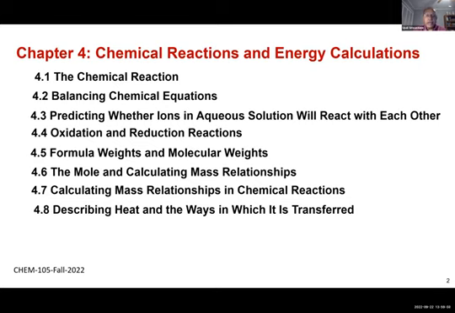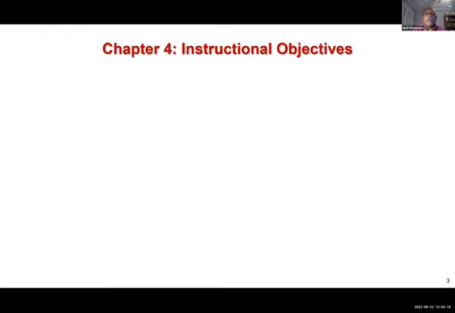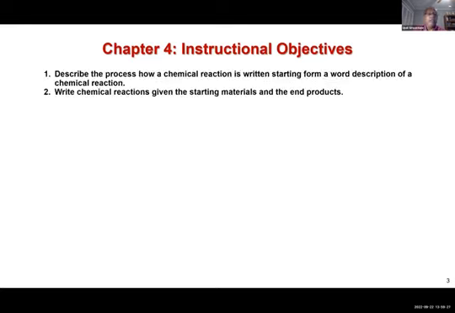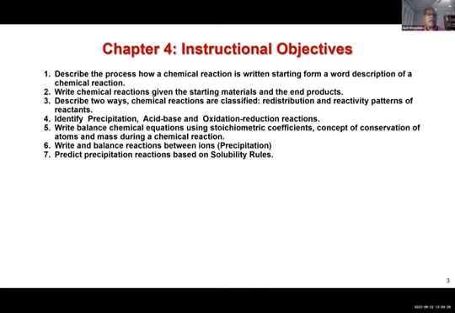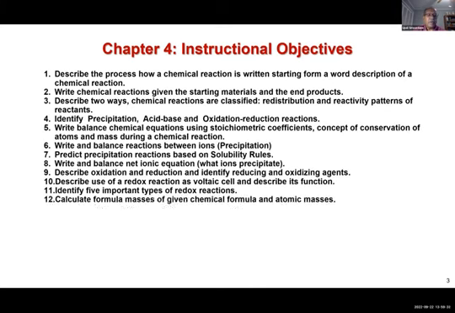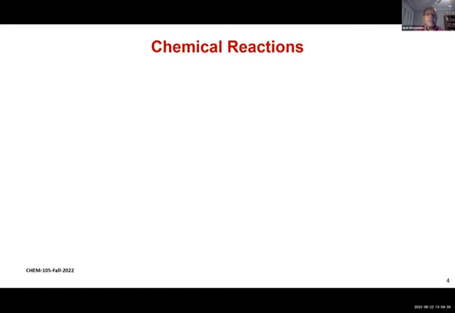We have to calculate how much heat is produced during a chemical reaction. We're going to look into these 8 ideas. Heat of reaction is also calculated. I am not going to go through the instructional objectives right now because we have to go through a substantial amount of ideas that cover the 8 or 9 topics in the table of contents.